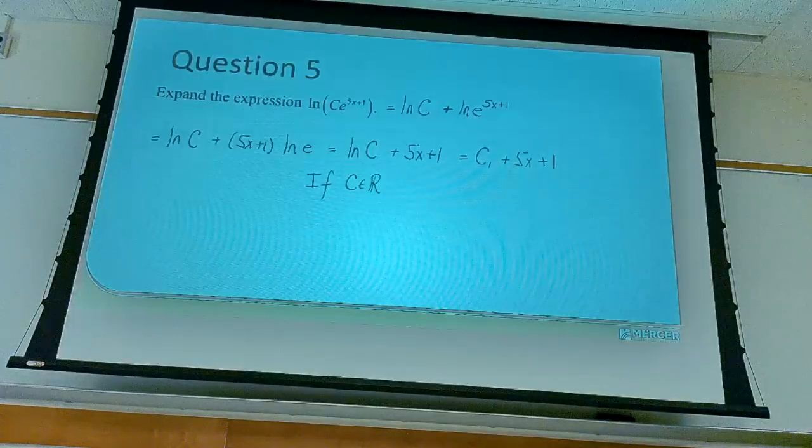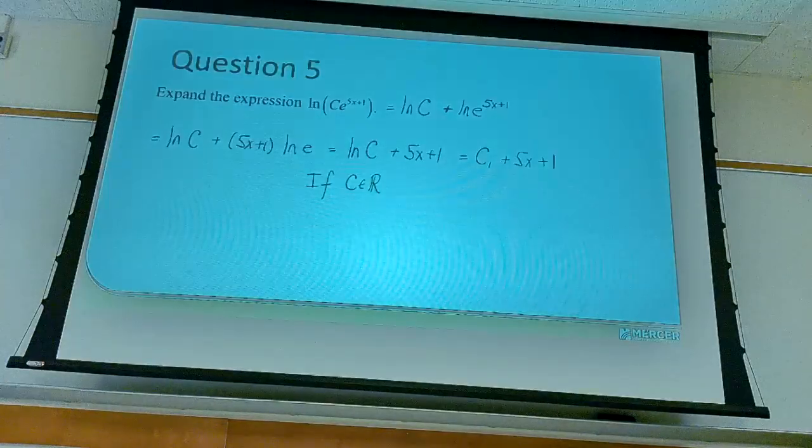That's an irrational number, so just leave it as ln 5. But in math, if it's an unknown constant, you typically want to write it as simple as possible. So it'd be convention to write, for instance, natural log of C as just some number C1. It looks cleaner in your solutions.